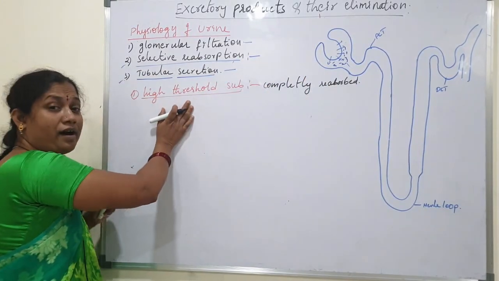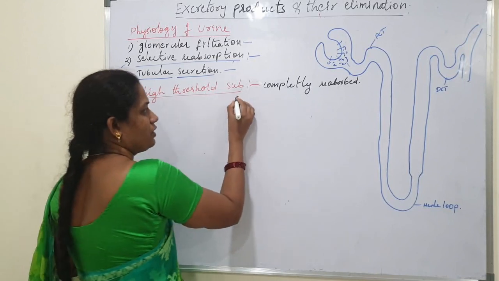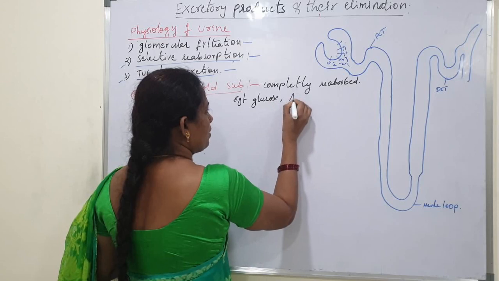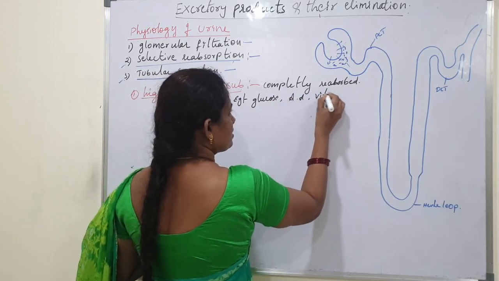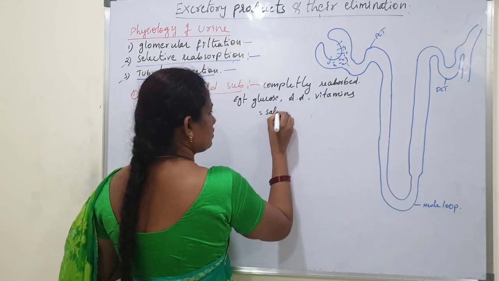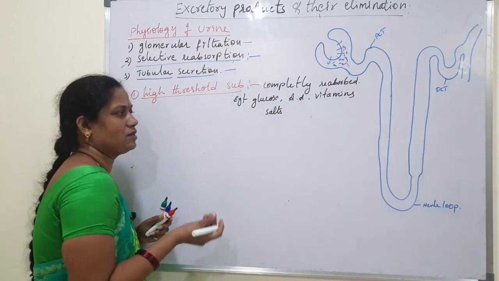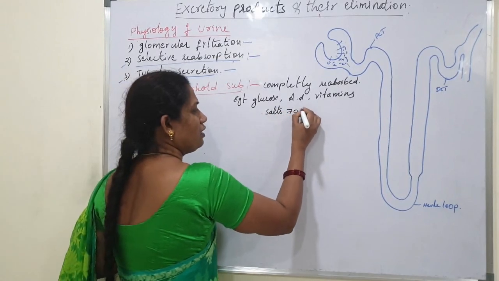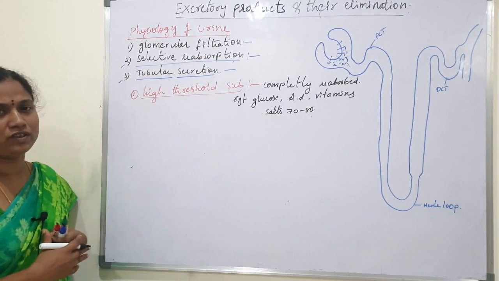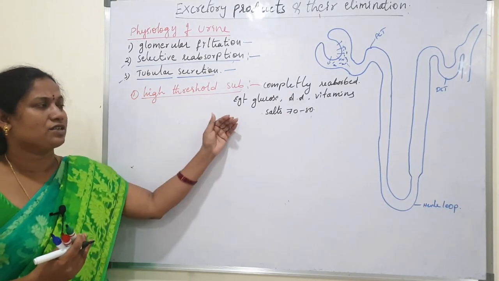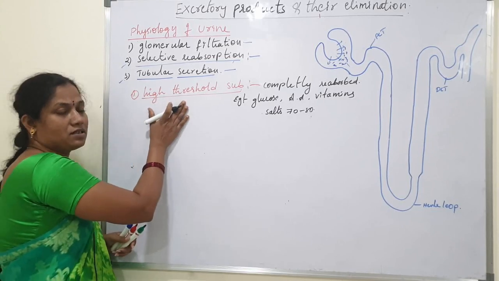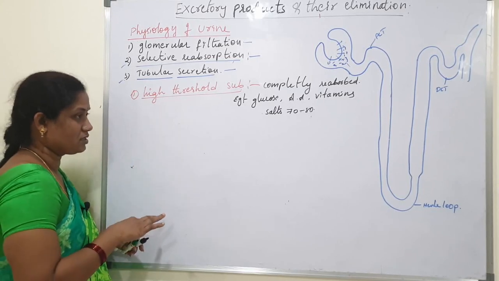For example, glucose, amino acids, vitamins and also salts. Salts means some 70 to 80% are reabsorbed. So completely or mostly they are reabsorbed. These are called high threshold substances.